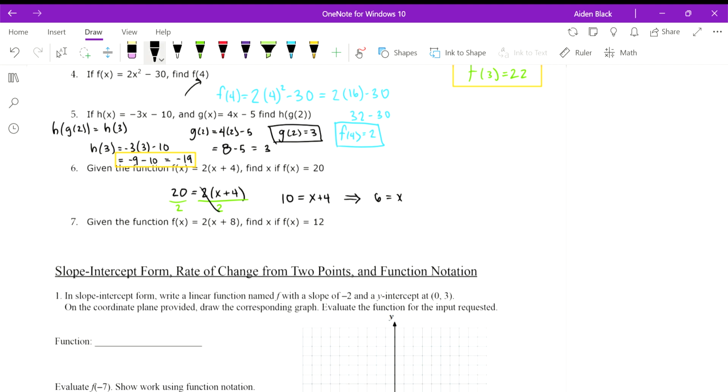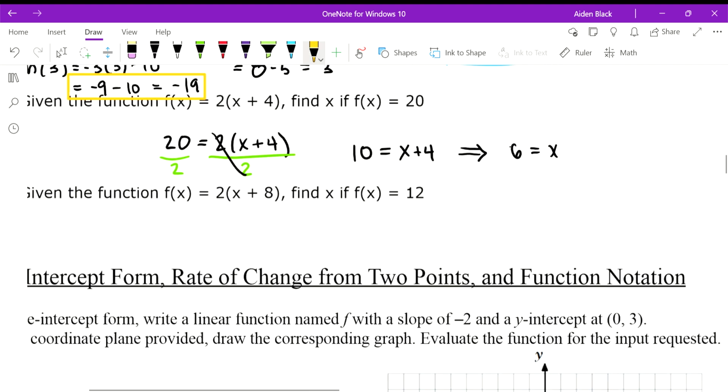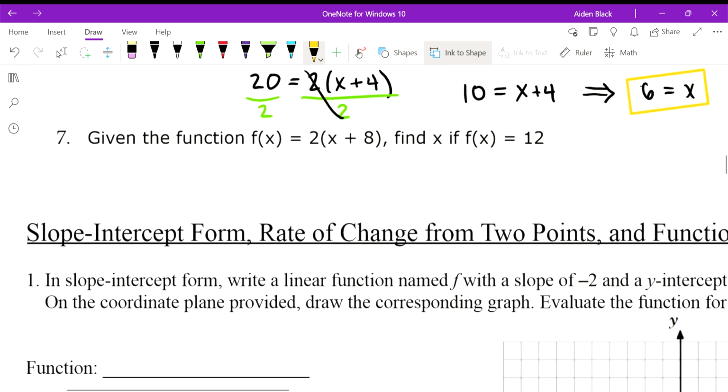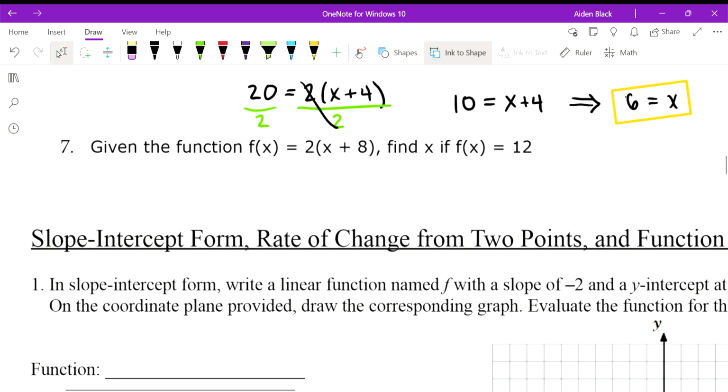Let's get rid of this. Given the function f of x is equal to 2 times (x plus 8), find x if f of x equals 12. So you pause the video, try it out yourself, see what you get.